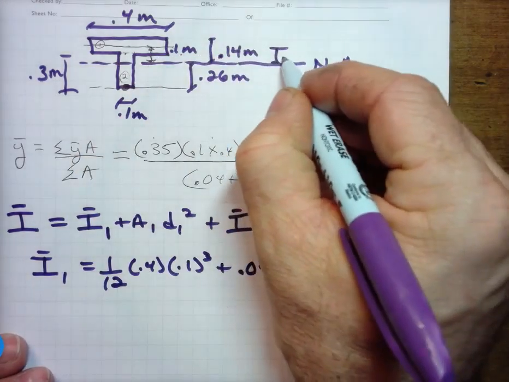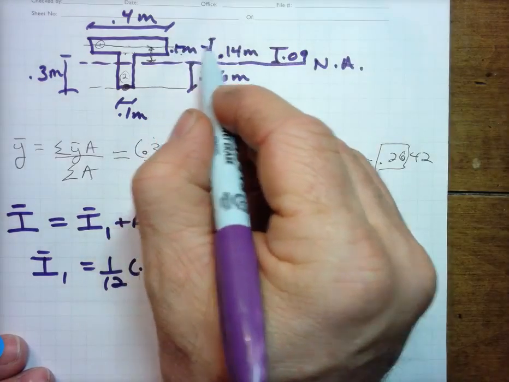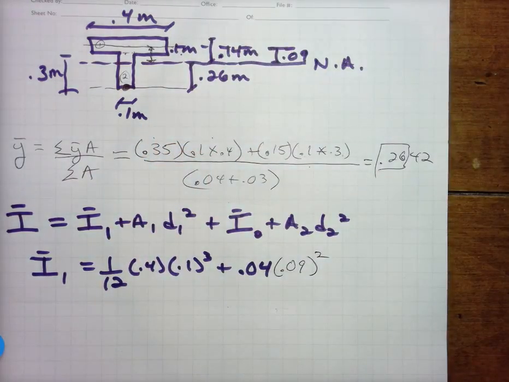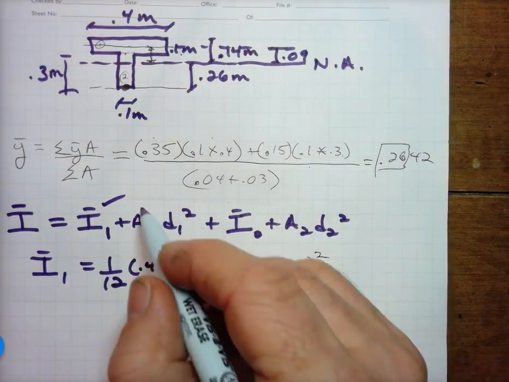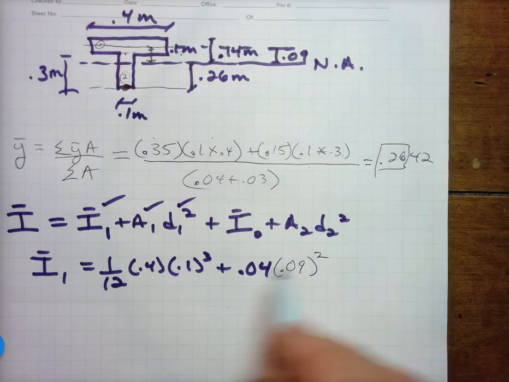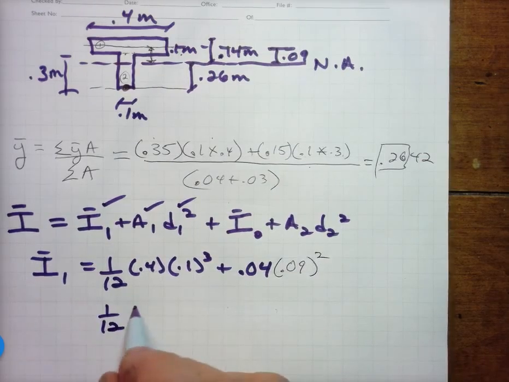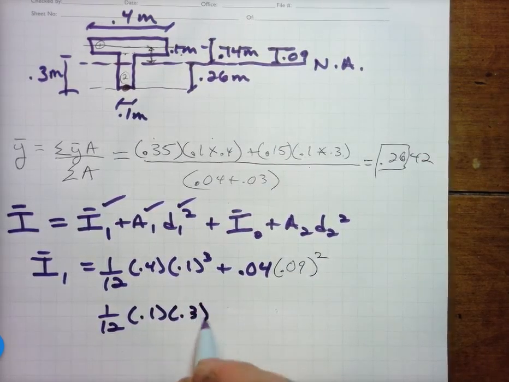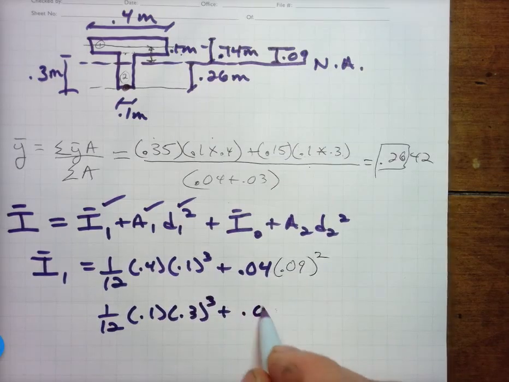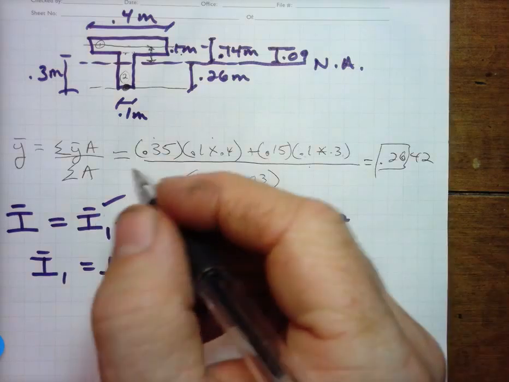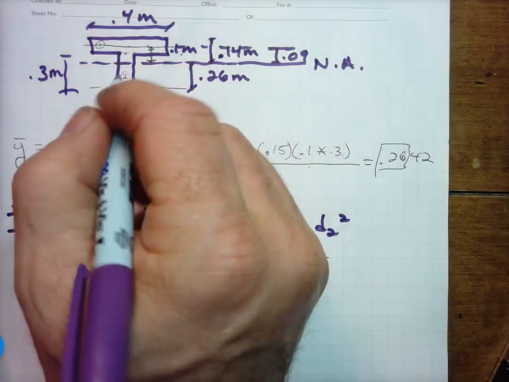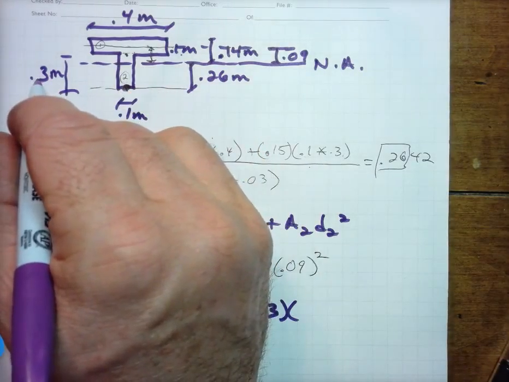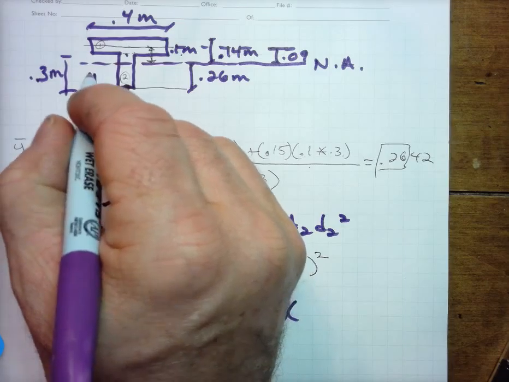That's this distance right here, the distance to the centroid of piece 1 from the neutral axis. So there's I1, A1 d1 squared. I2, 1/12 bh cubed, plus A2 d2 squared. Now piece 2, its centroid is half of 0.3, so 0.15.